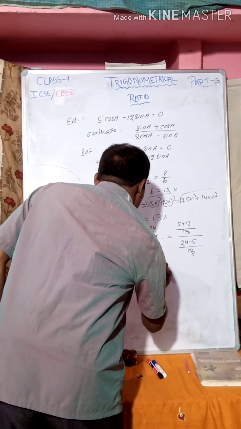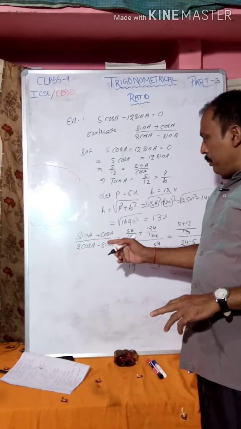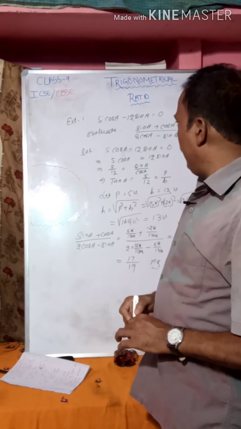This is the value of sin A plus cos A whole divided by 2 cos A minus sin A.